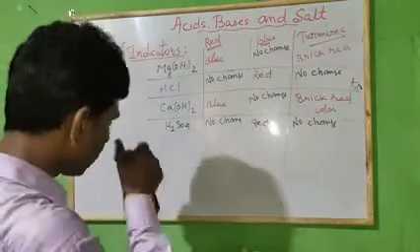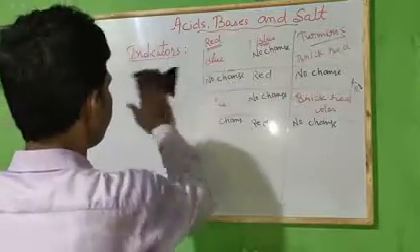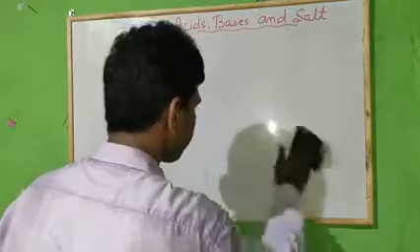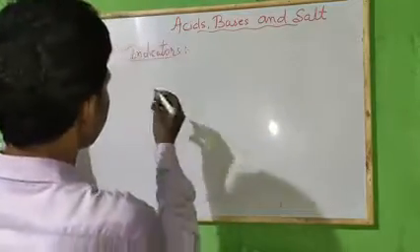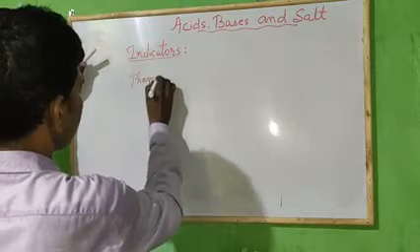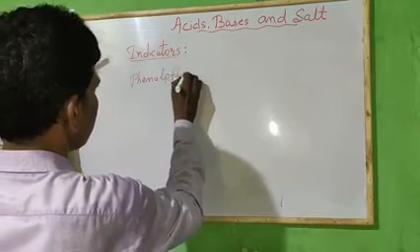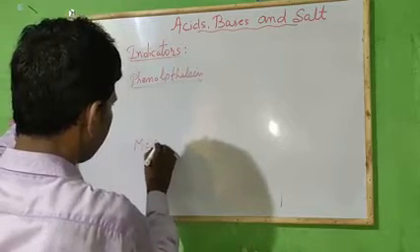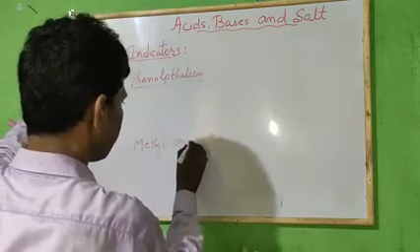Again, we are going to discuss some synthetic indicators. In synthetic indicators we have phenolphthalein and the second one, methyl orange.